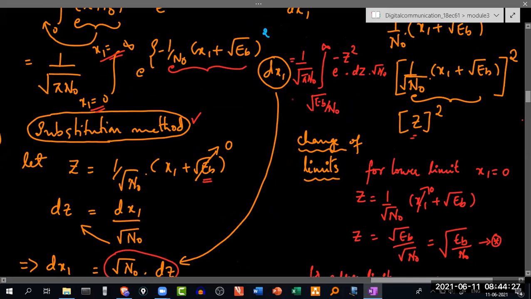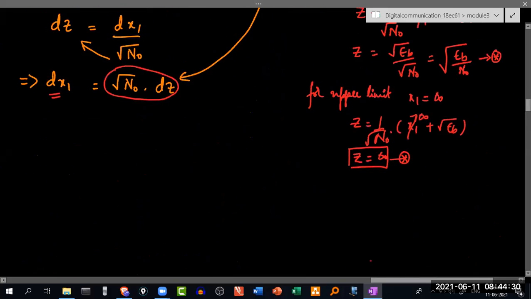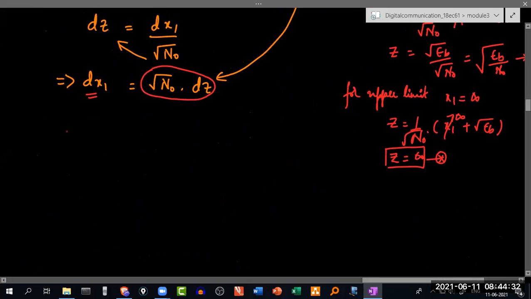So let me rewrite this entire thing down below. This entire thing is equal to 1 by square root of pi n naught, integral, lower limit square root of EB by n naught, upper limit infinity, of e to the power minus z square dz.